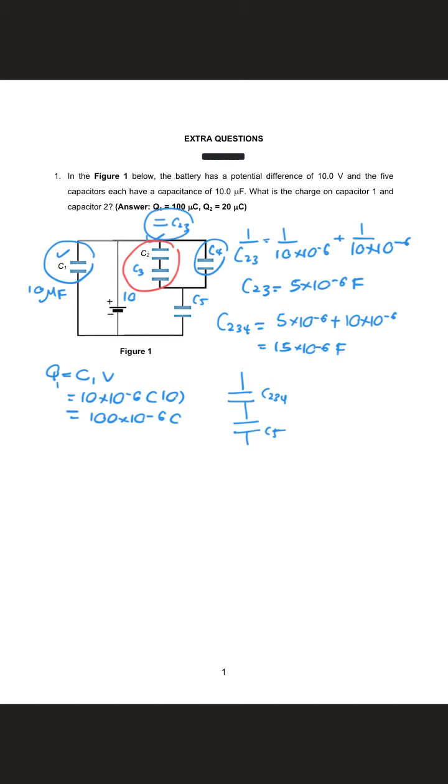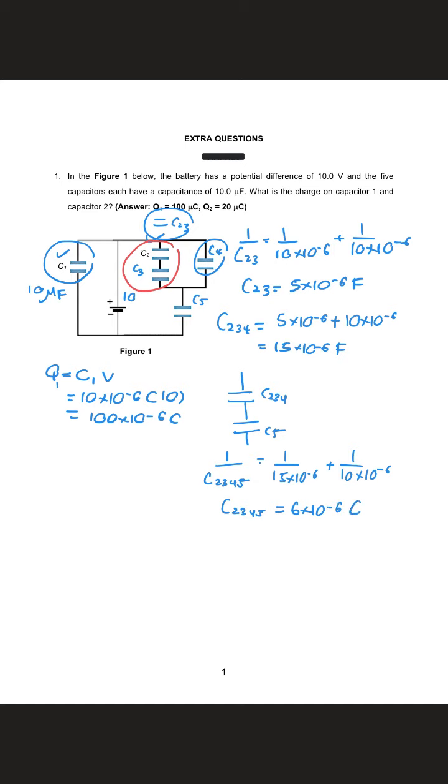Therefore we use the formula 1 over C2345 equals 1 over 15 power of -6 plus 1 over 10 power of -6. For the C equivalent, you get 6 power of -6 farad.